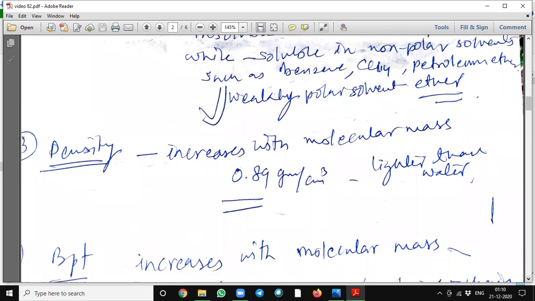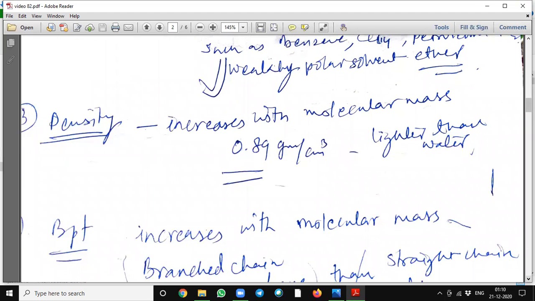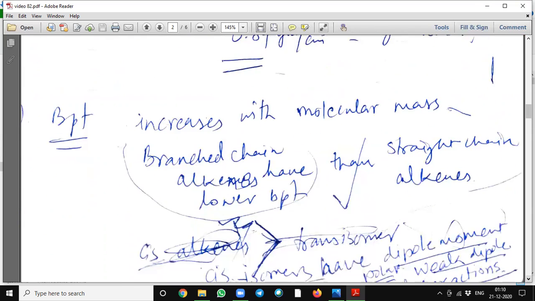Density is slightly higher than alkanes and lower than water. It increases with molecular mass and the range is up to 0.98 grams per cubic centimeter.